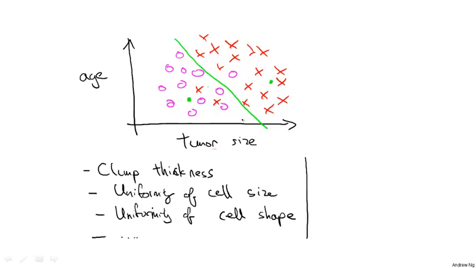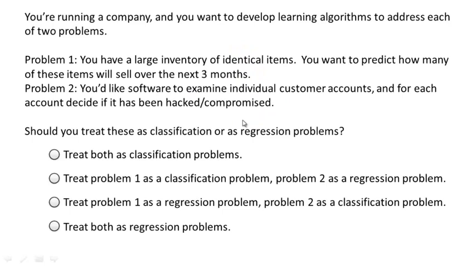I'm going to wrap up this video with a quick quiz question, which is, suppose you're running a company and you want to develop learning algorithms to address each of two problems. In problem one, you have a large inventory of identical items, say thousands or tens of thousands of items, and you want to predict how many of them will sell. And in the second problem, you'd like a program to examine individual accounts of your customers, and for each account to decide if that account has had its password stolen or if that account has been hacked or compromised.